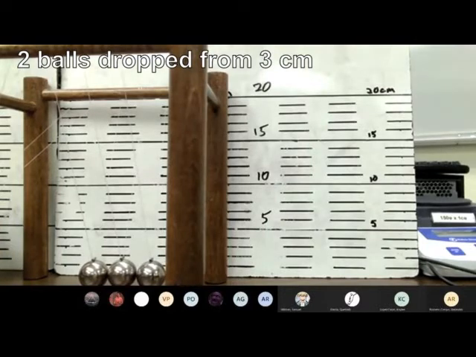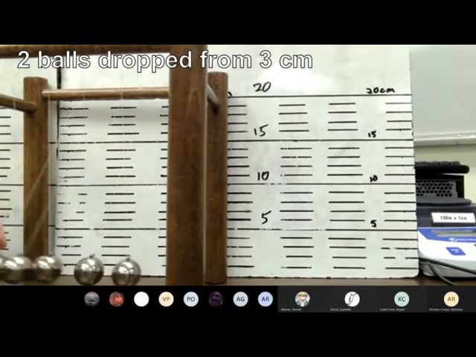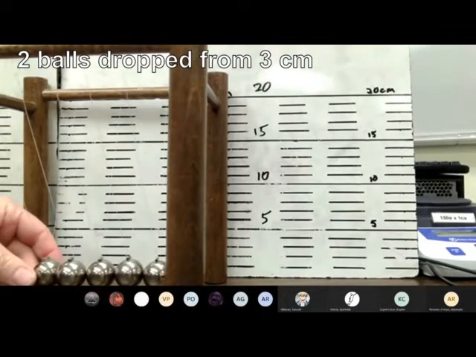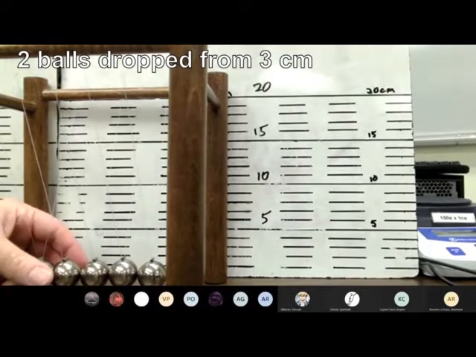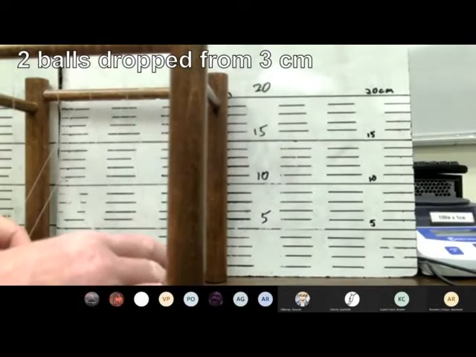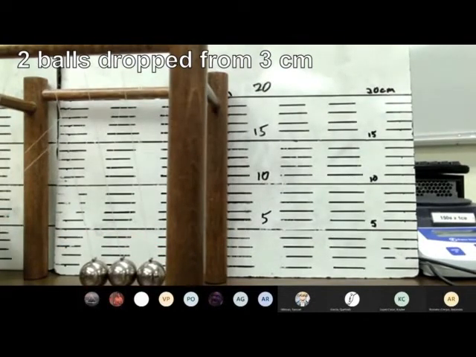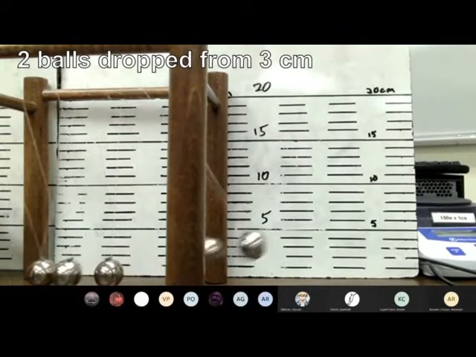And again, 2 balls, 3 centimeters high. 3, 2, 1. Really, these should not be moving at all when we begin, right? 3, 2, 1.